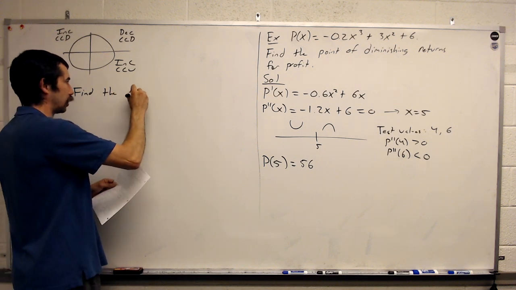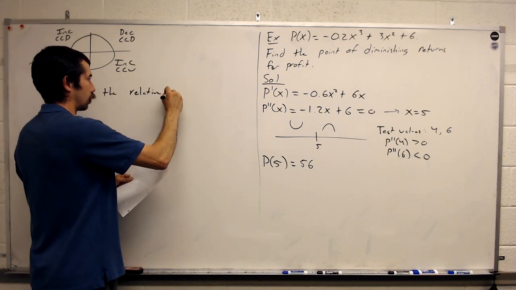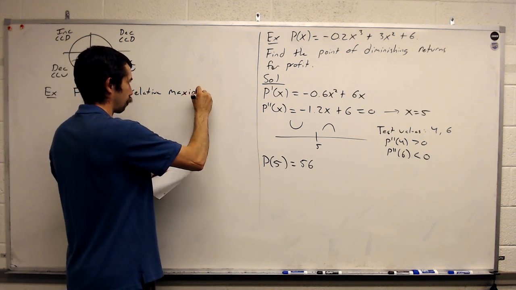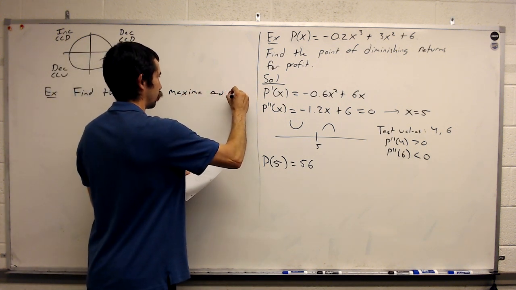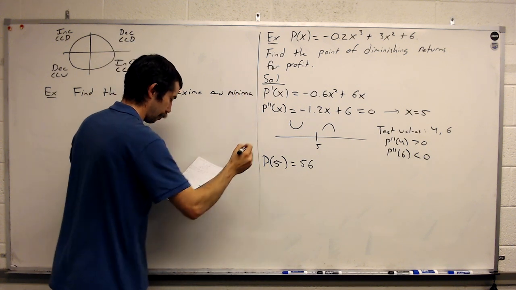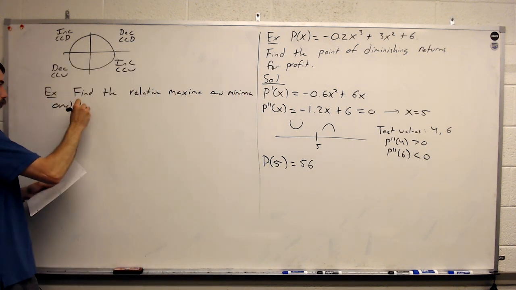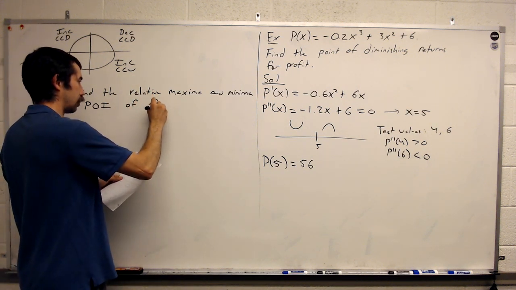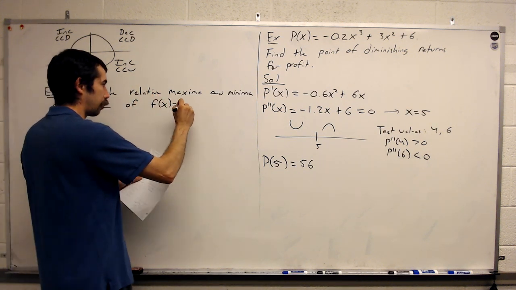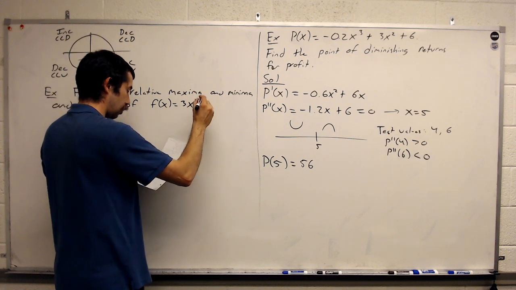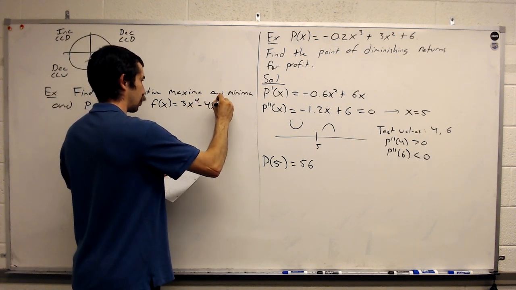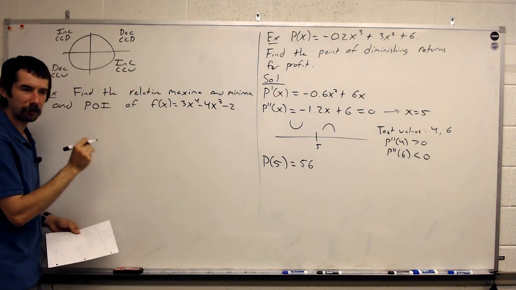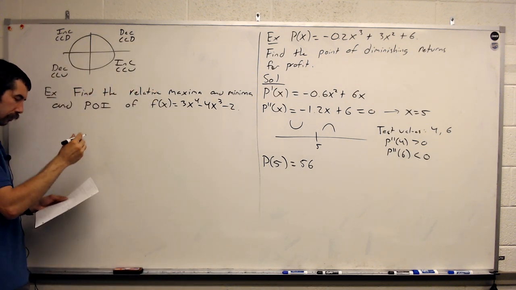So let's find the relative maxima and minima and points of inflection of the function f of x equals 3x to the fourth minus 4x to the third minus 2. Okay, once we have our relative max, mins, and points of inflection, let's sketch the graph.